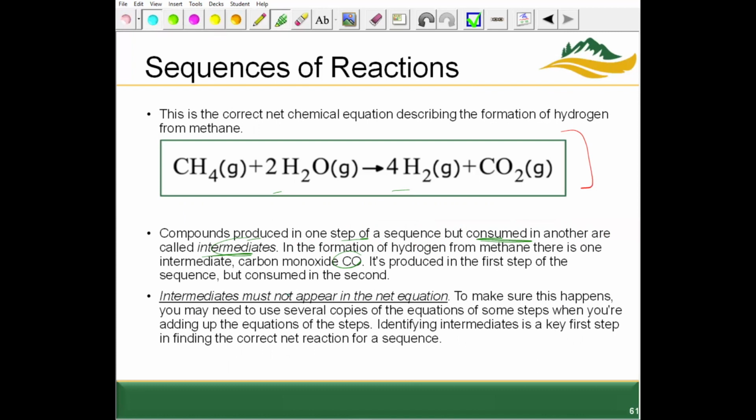Really importantly, that wasn't yet our final answer. This one is, because intermediates cannot appear in the net equation. So write out your steps clearly, really make sure that nothing is showing up on both sides of the equation in your final answer. Identifying these intermediates is going to be a key step in getting the correct final answer.